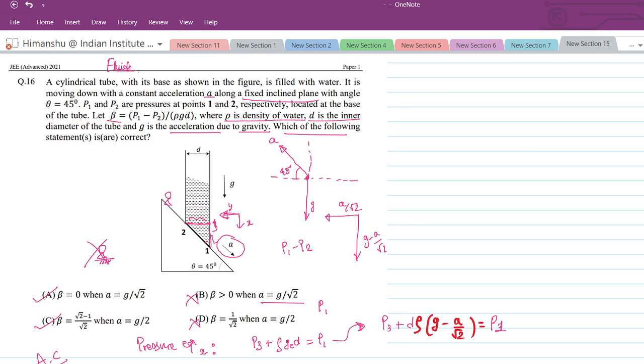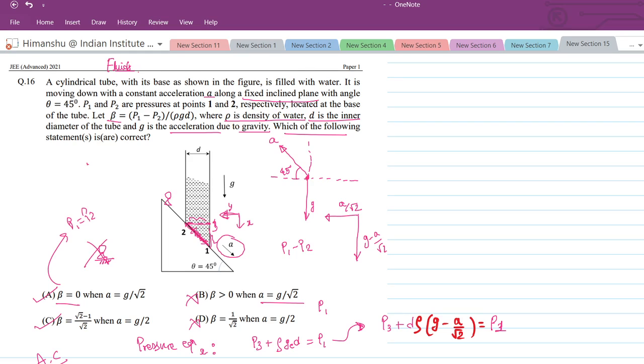And I think this is the easiest method to solve this problem. Otherwise, we could have proceeded in another way. Suppose for the first, if beta equals 0, then it implies that p1 equals p2. It means that 1 and 2 are at the same pressure level. So this line would be normal to the effective gravity.